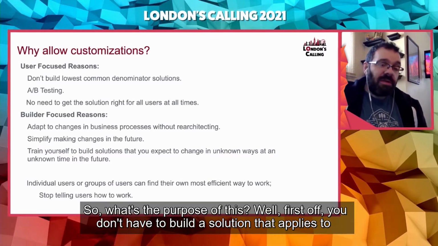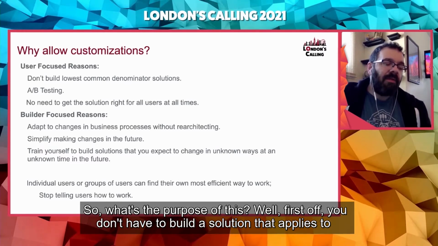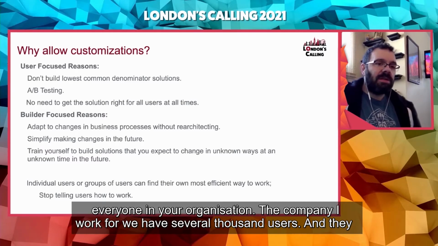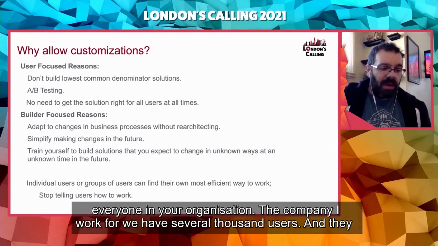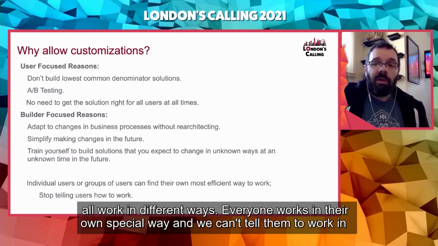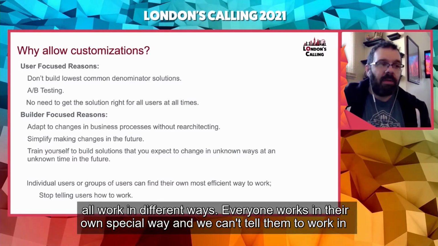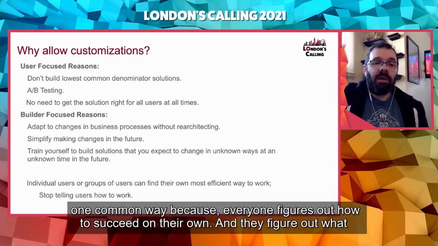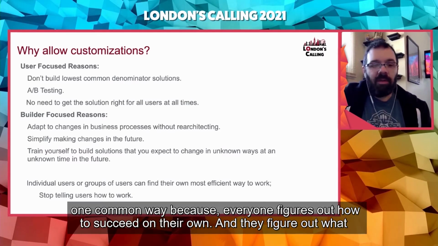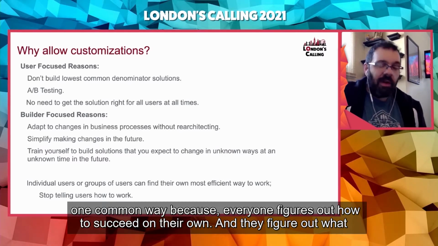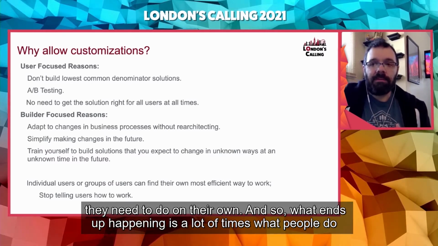Well, first off, you don't have to build a solution that applies to everyone in your organization. The company I work for, we have several thousand users, and they all work in different ways. Everyone works in their own special way. And we can't tell them to work in one common way because everyone figures out how to succeed on their own and they figure out what they need to do on their own.